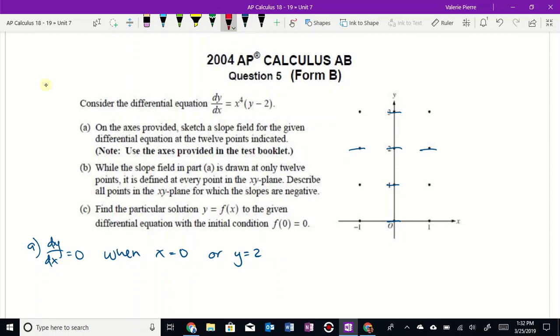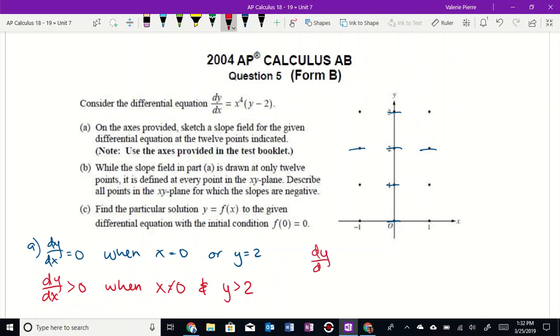I also want to know when dy/dx will be greater than 0, which is when x does not equal 0 and y is greater than 2. So anytime y is greater than 2 and x isn't equal to 0, we're going to have a positive slope.